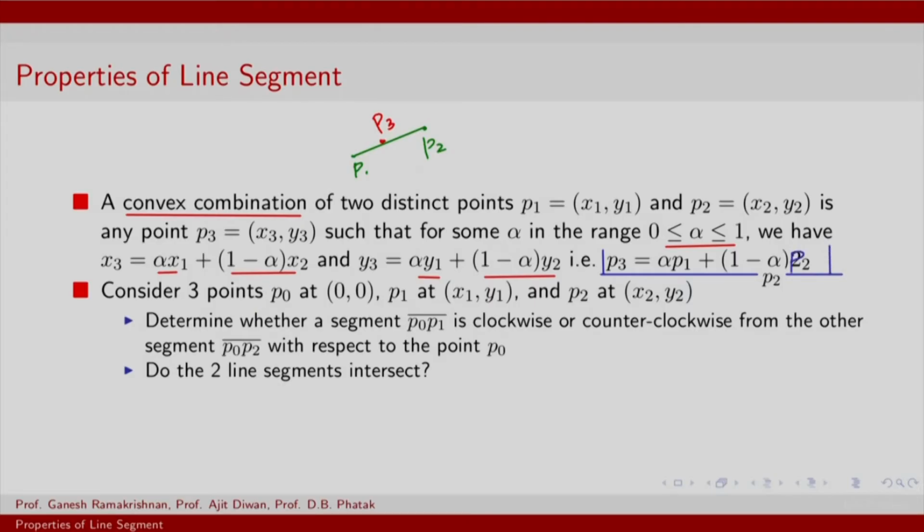So we will start with the simplest of inquiries. Given points P0, P1 and P2, and let us say for simplicity's sake we let P0 be just 0 0, that is we set P0 to be the reference point origin, our question is whether P1 P0 is clockwise or counterclockwise with respect to P2 P0, and this is how you depict it.